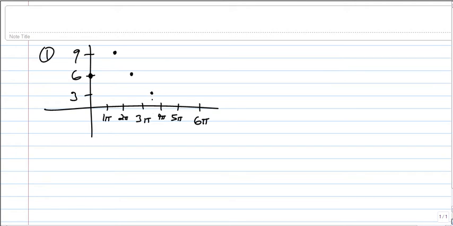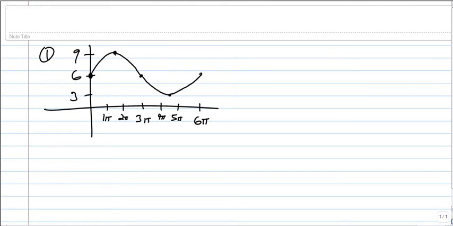Alright, so just set up the question here. So you had this curve, and you were asked, if I could sketch it, to write the equation of it. Back at 6 pi, it was in the middle.